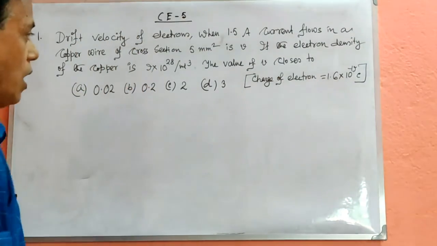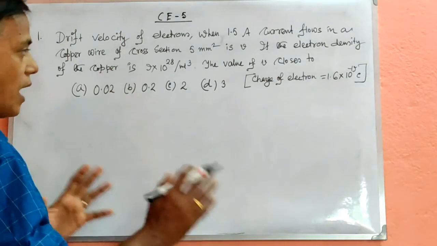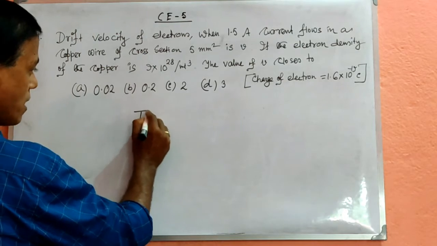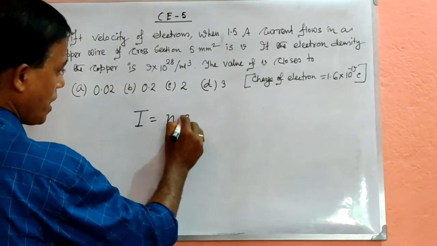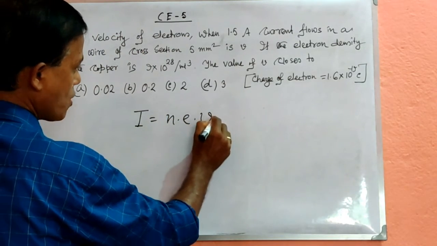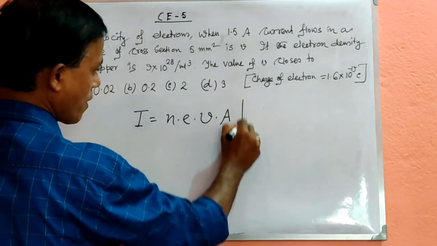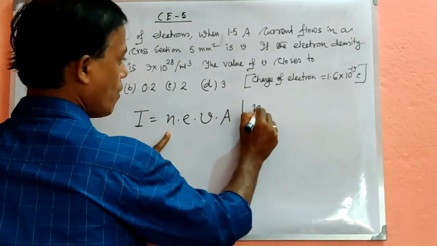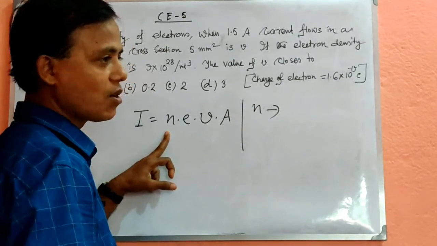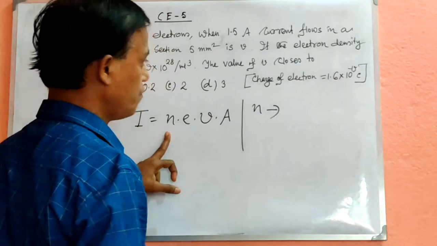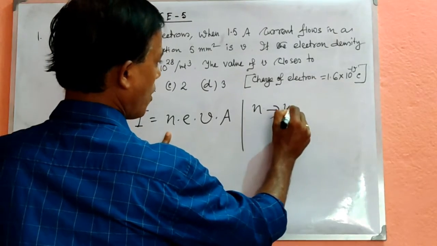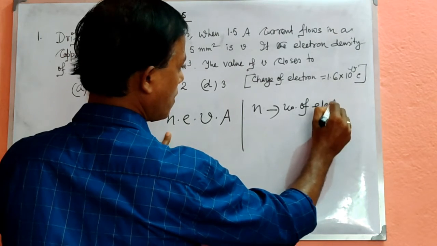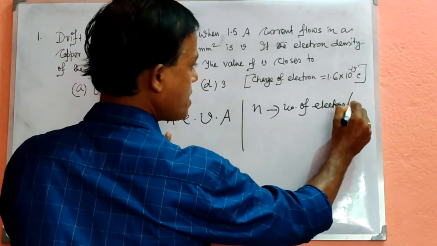We know যে drift velocity আর কারেন্ট দিয়ে যে রিলেশন, এটা আমরা নিশ্চয়ই জানি সবাই, that is I is equal to N into E into V into A. N হচ্ছে number of electrons per unit volume, number of electrons per meter cube.